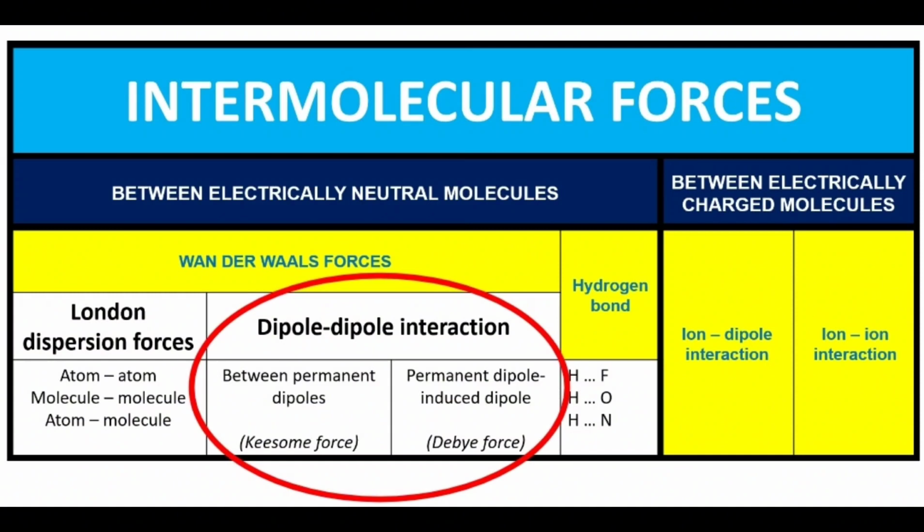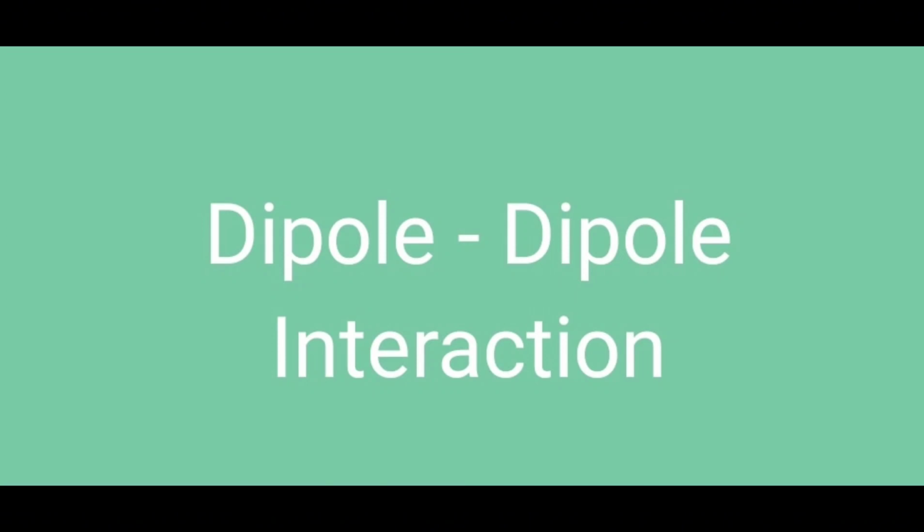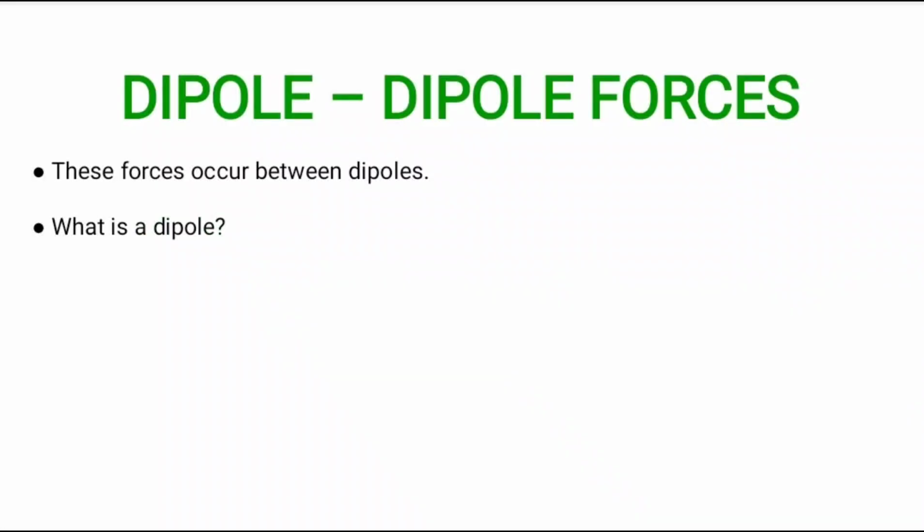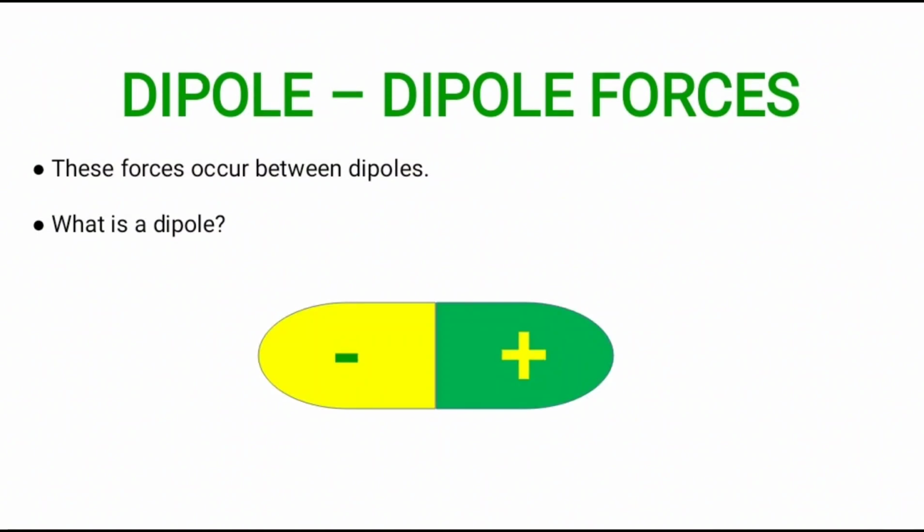So first of all, let's figure out what kind of interaction it is. From the name it can be clear that it occurs between dipoles. What is a dipole? A dipole is a molecule which is polar. We know that these polar molecules have a partially positively charged part and a partially negatively charged atom.